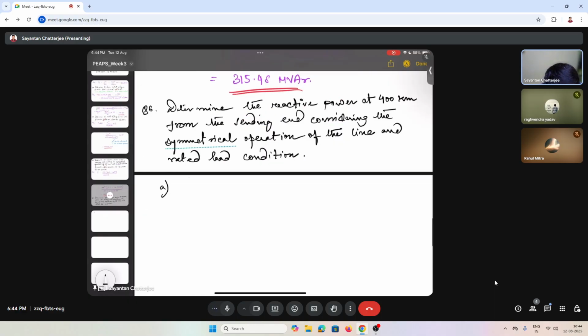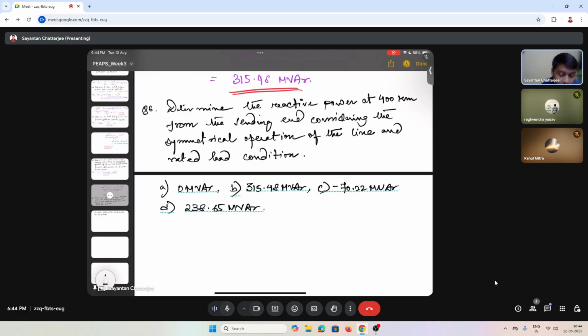Options are: determine the reactive power at 400 kilometers.